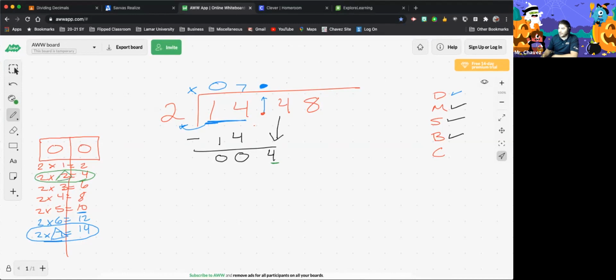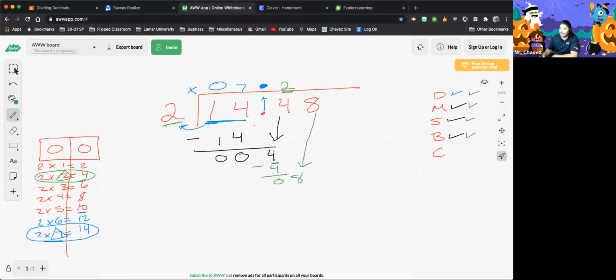So I put the 2 on the roof. I just divided. Check. Now you multiply. 2 times 2, and that's 4. Check. Then we subtract. 4 minus 4, 0. Then we got to bring down the 8.